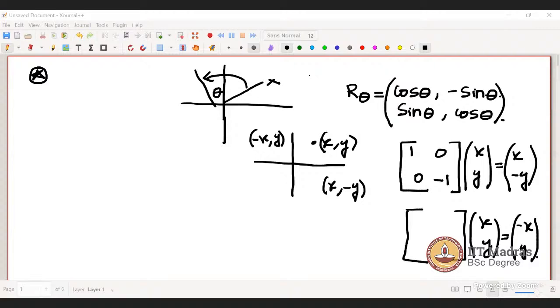This is a point A, and if you reflect it with respect to the x-axis, you will get point B. And again, if you reflect B with respect to the x-axis, you will get A. So applying twice, you come back to your original point. It's quite natural.